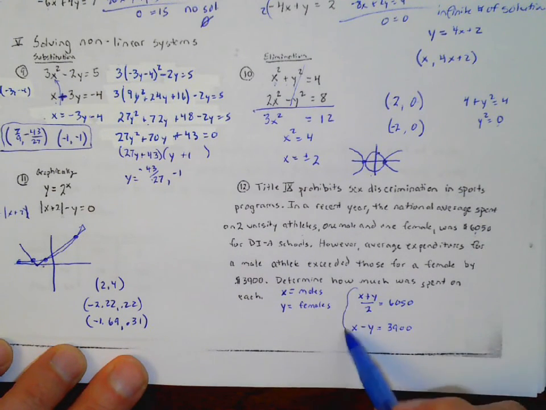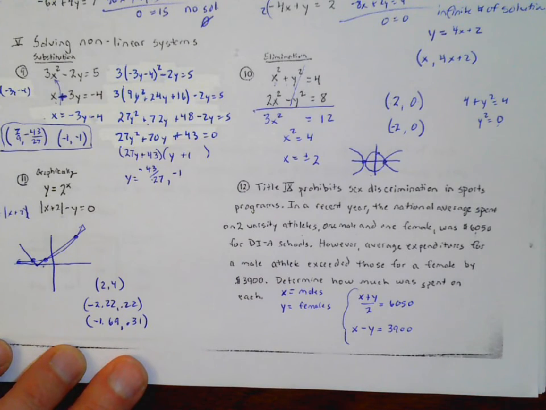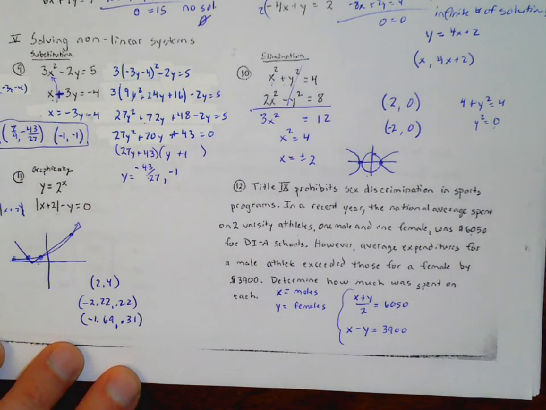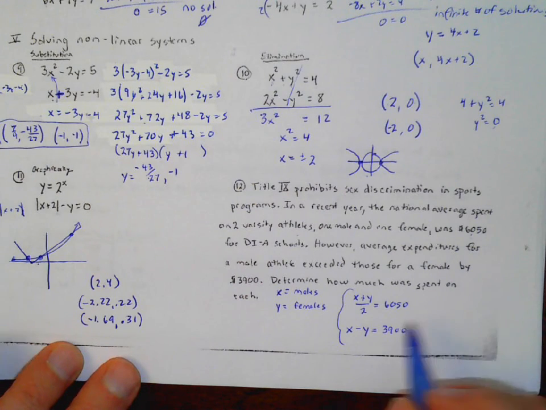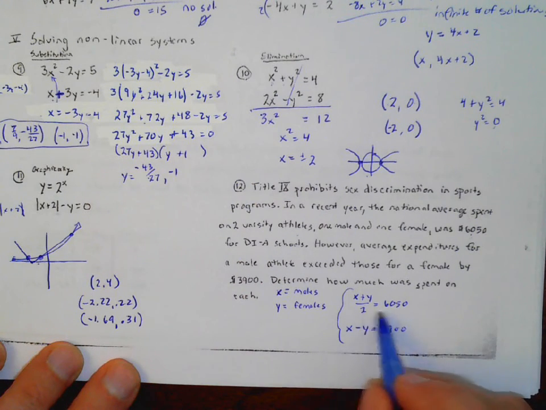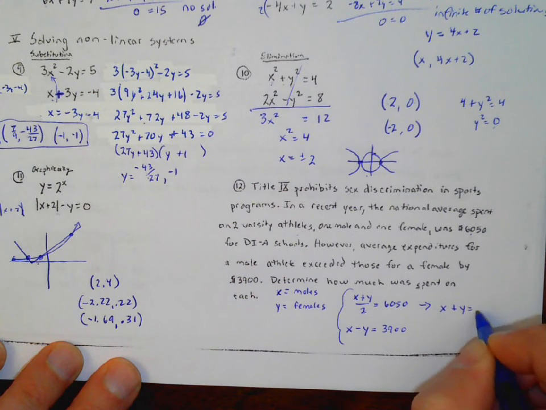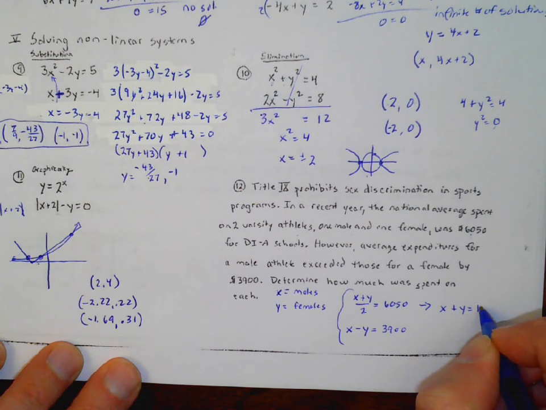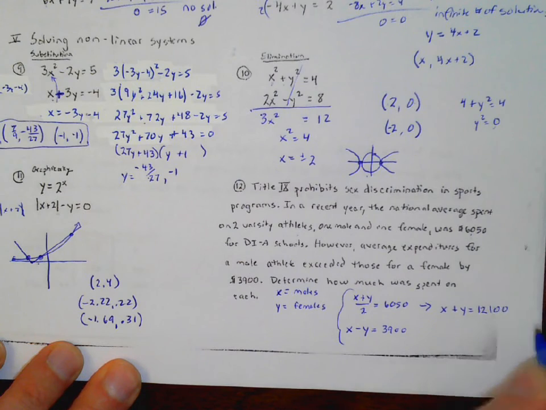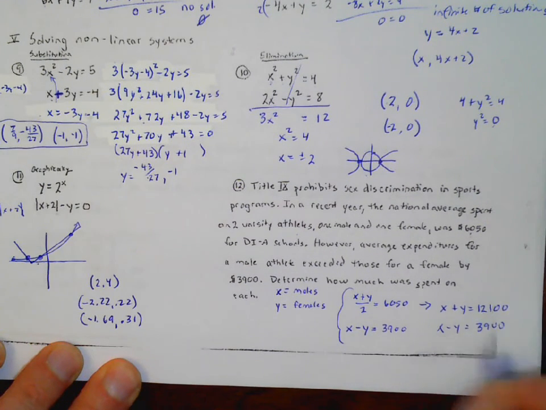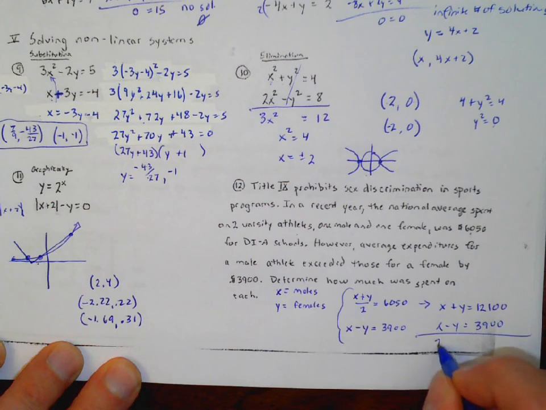Okay, so here I have my 2 equations to solve, and you can choose substitution, elimination, graphing, whichever method you want to solve it. What I would probably do here is multiply by 2 on both sides. So I'd have x plus y is equal to 12,100. And elimination is pretty nice here, because the y is eliminated already.